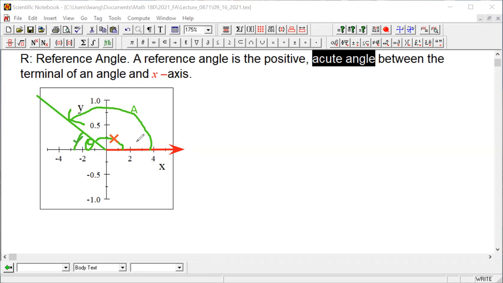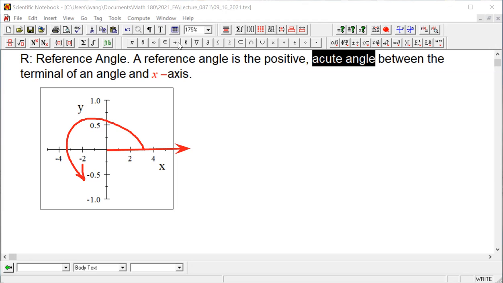The third scenario. I'm going to measure from the standard position, of course. But this time, my measurements end up in the third quadrant.